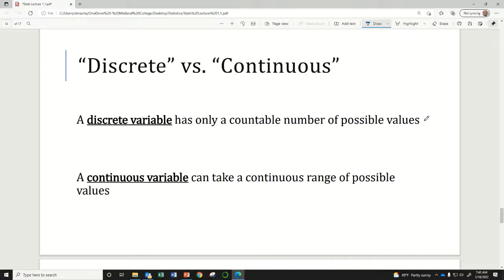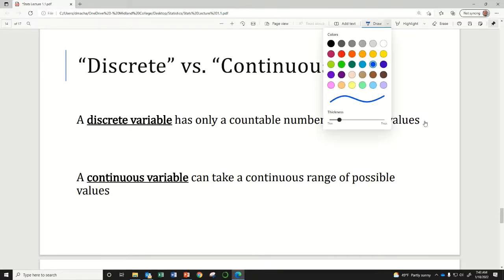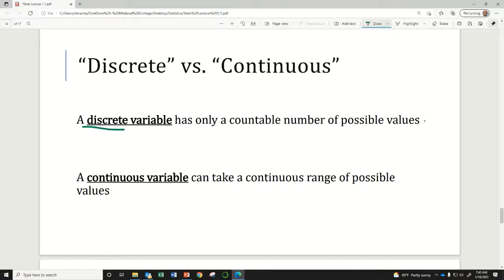Now, a discrete variable is a variable that has only a countable number of possible values, whereas a continuous variable can take on a continuous range of possible values. One way to visualize discrete is to think of a staircase. If you are climbing a staircase, you can only achieve certain values of height, or values of altitude.